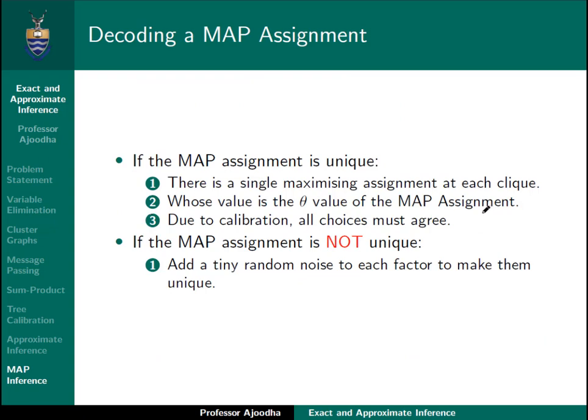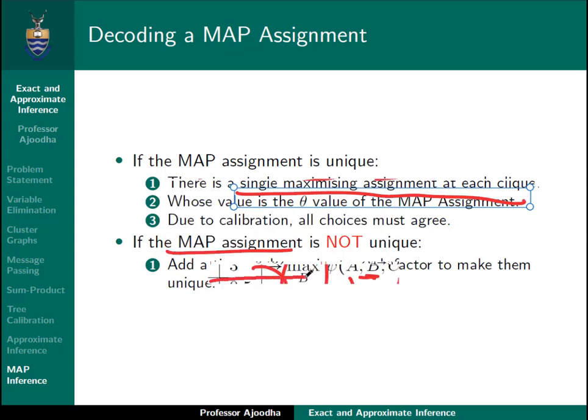Okay, so what do we do? Well, if the MAP assignment is unique, then there will always be a single maximizing assignment at each clique. But if it is not unique, then all we need to do is add a tiny random noise to every single factor, something that changes it a few decimal places down the line.